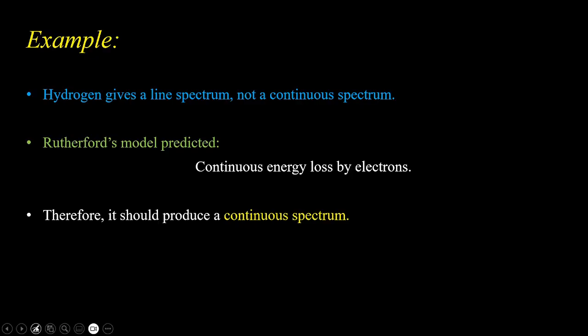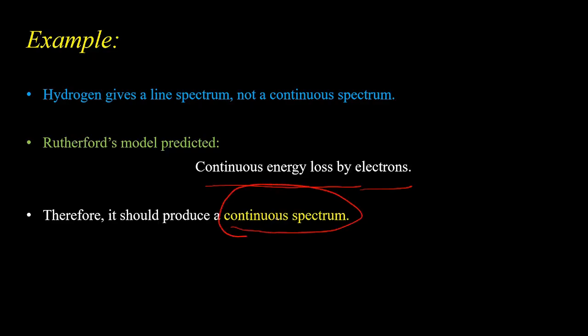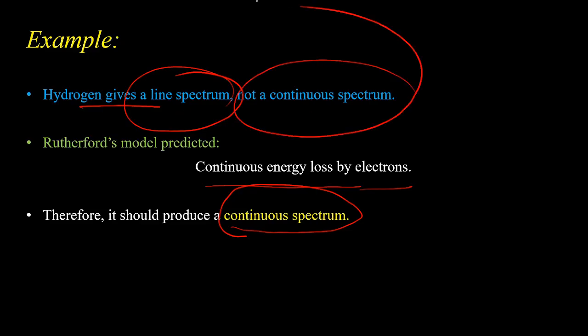So from Rutherford's atomic model, due to the release of continuous energy by the electrons, the spectrum should be continuous. But actually, hydrogen gives a line spectra, not a continuous spectra, right?